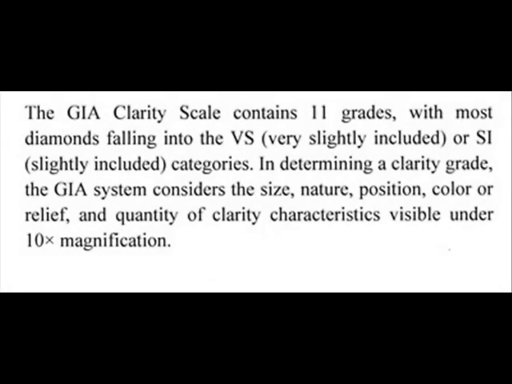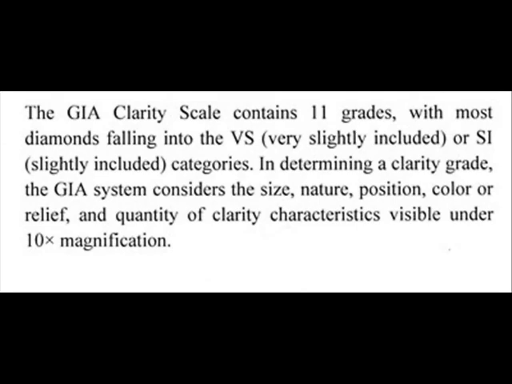The GIA clarity scale contains 11 grades, with most diamonds falling into the VS, very slightly included, or the SI, slightly included categories. In determining a clarity grade, the GIA considers the size, nature, position, color, or quantity of the clarity imperfections or inclusions visible under 10 power magnification.